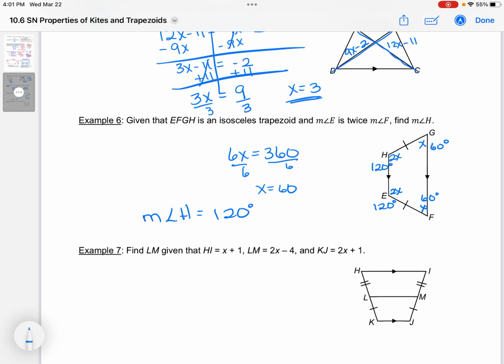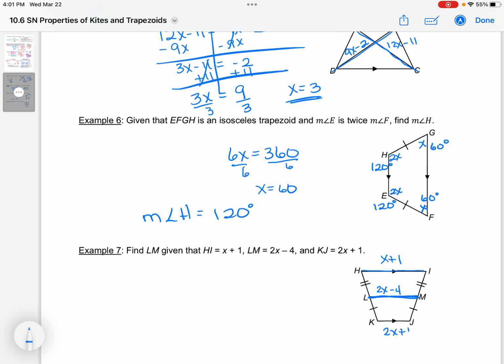Okay, so now it looks like I have 2 trapezoids. A big one and 2 little ones. So I'm looking for this. HI, this one is X plus 1. LM is 2X minus 4.